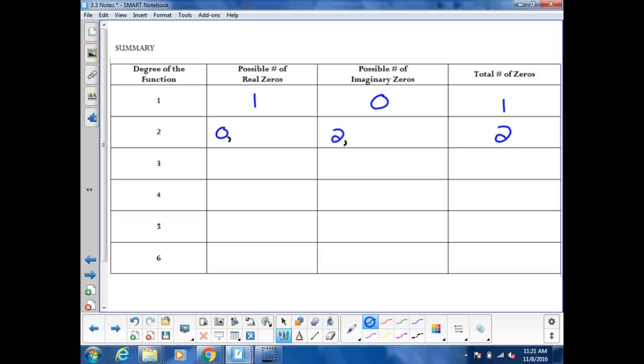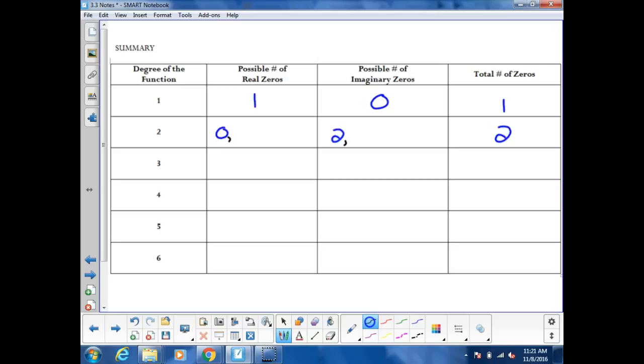I can, but what did we call that yesterday? Called it a double, right? Okay? So really that 1 counts as 2. So I can't have 1 because really it's 2. I see it as 1, but really it's 2 because it's a double.